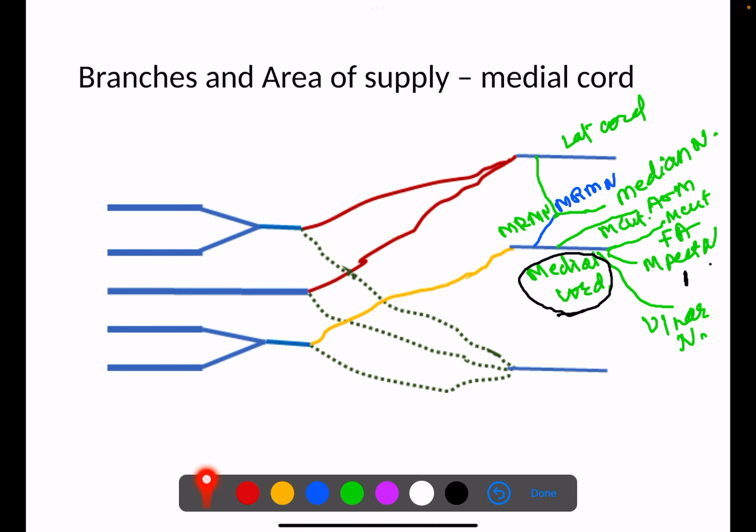Next, the branches arising from the medial cord will have root value of C8 and T1, because it is formed by the anterior division of the lower trunk, which is formed by C8 and T1. Now for the ulnar nerve, the C7 component will also contribute. It will join with the ulnar.